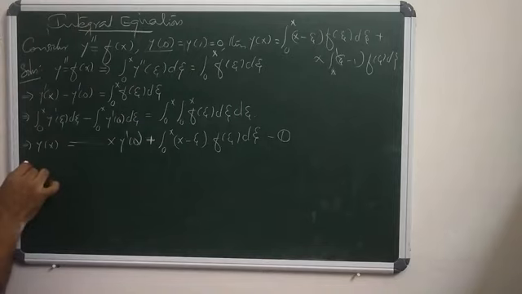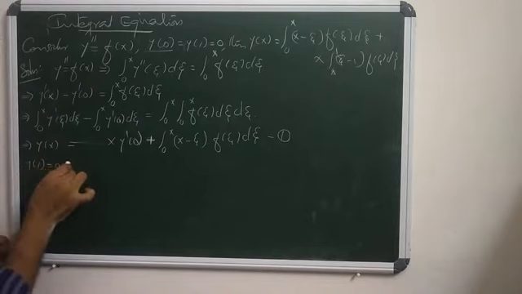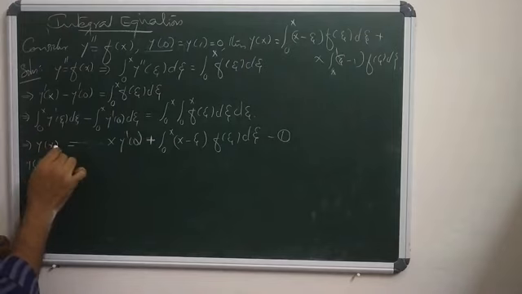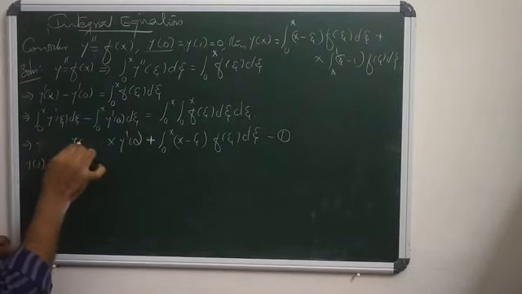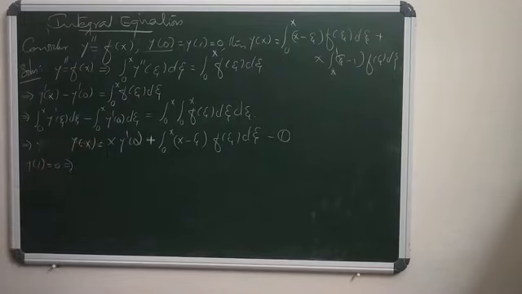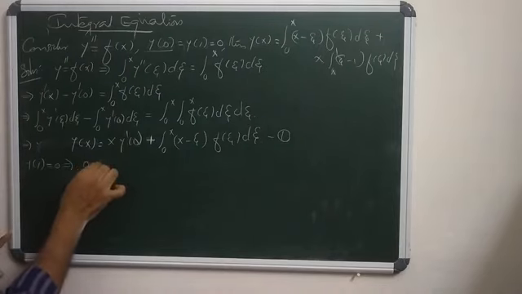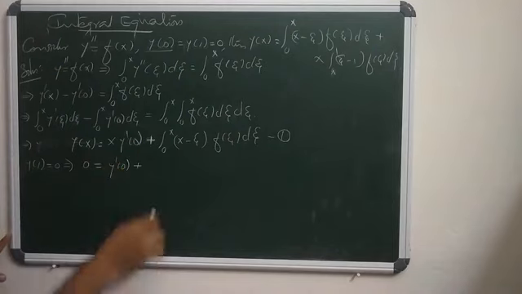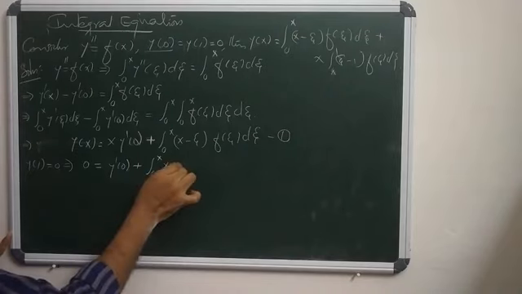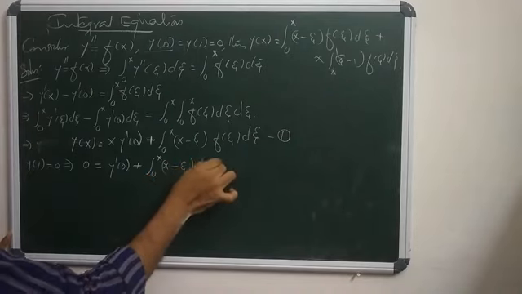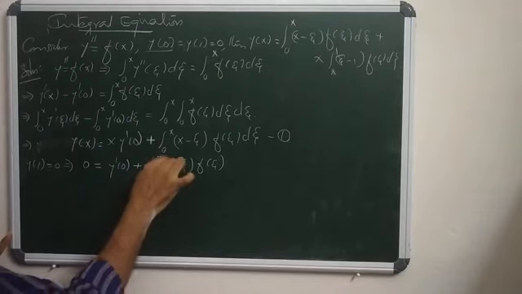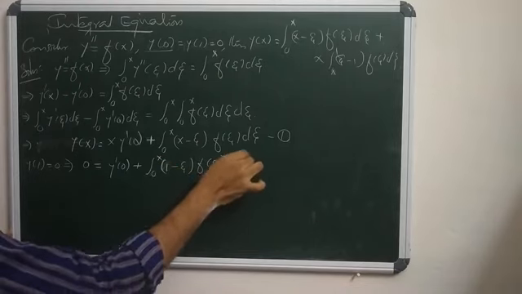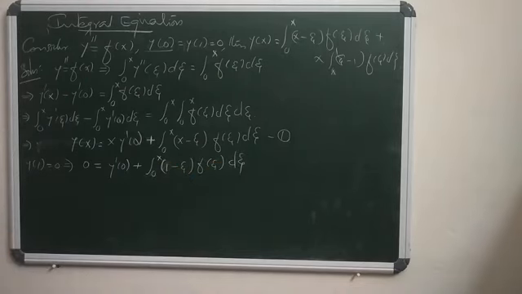Come to the initial condition. What is y1? y1 equals 0. Y1 equals 0 means the left side of this equation is 0, so 0 equals x, which is 1, into y dash naught plus integral 0 to 1 of (1 minus theta) f of theta d theta, replacing x with 1.